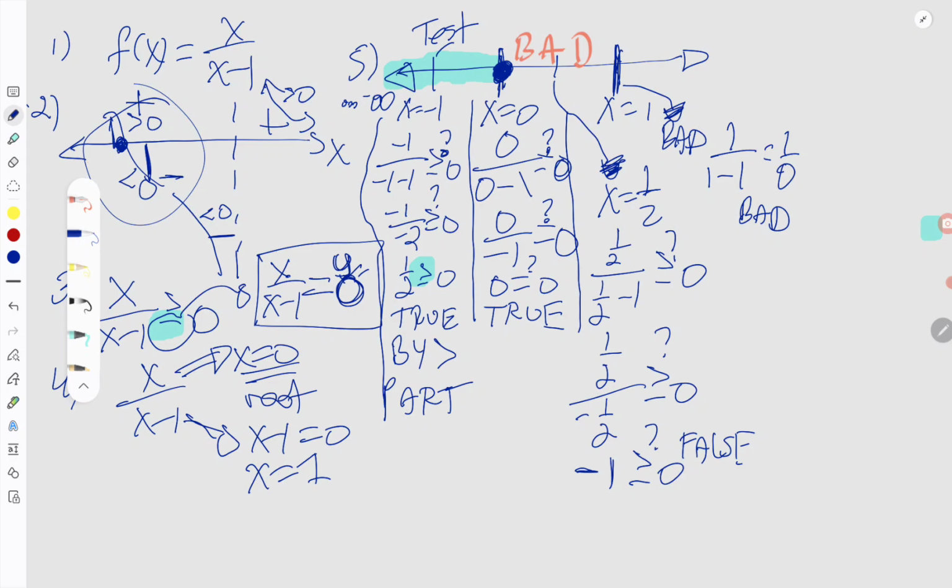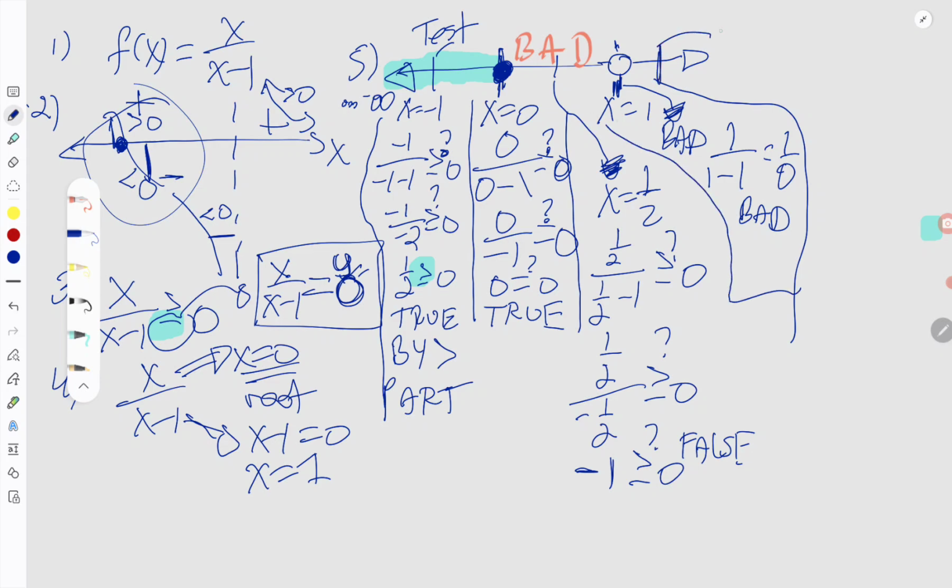So at 1, to be more clear, you put a hole there, like that at 1. It's a vertical asymptote. I was emphasizing that was bad. This was this part here.